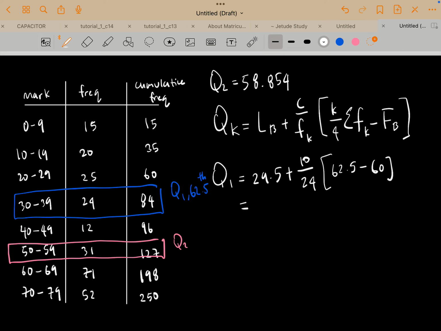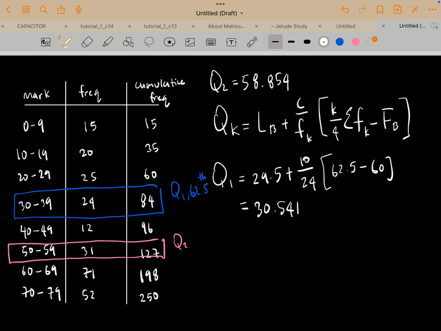So the lower bound is 29.5 plus 10 over 24, times 2.5. So the answer for Q1 is 30.541.